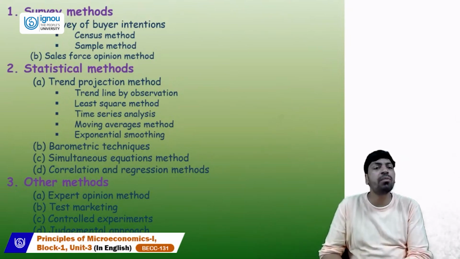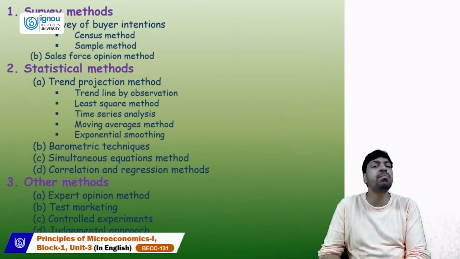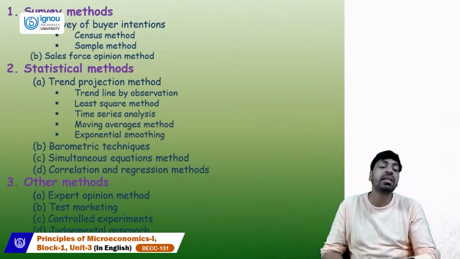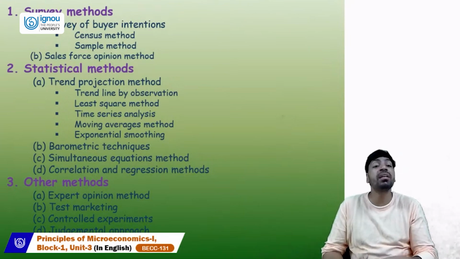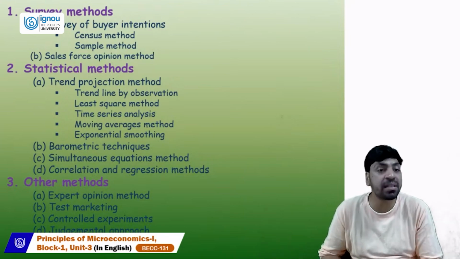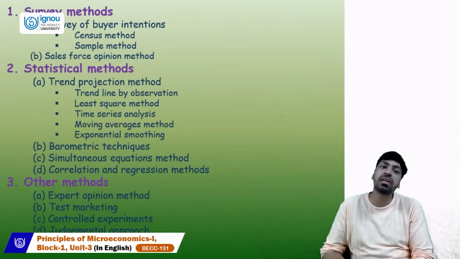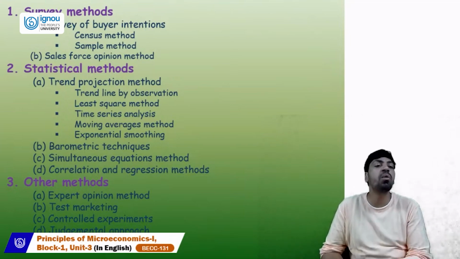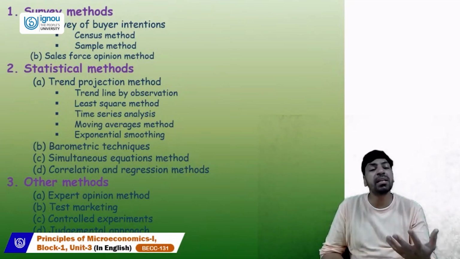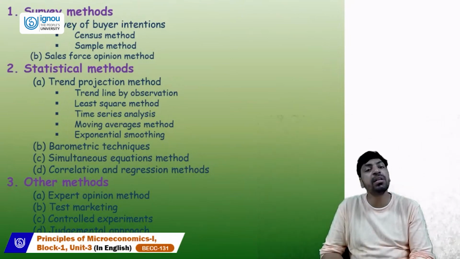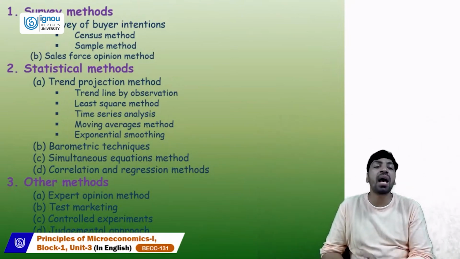When we talk about the Salesforce opinion method, there are plenty of sales representatives whose opinions matter equally in the case of a survey, and that method is called the Salesforce opinion method. Let's take an example: what is your opinion to decide the price of a new product for the future?